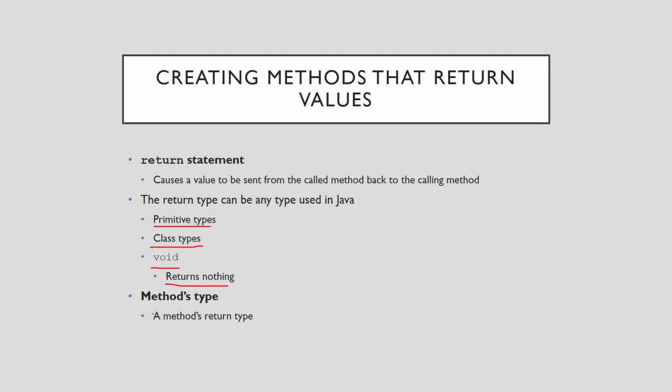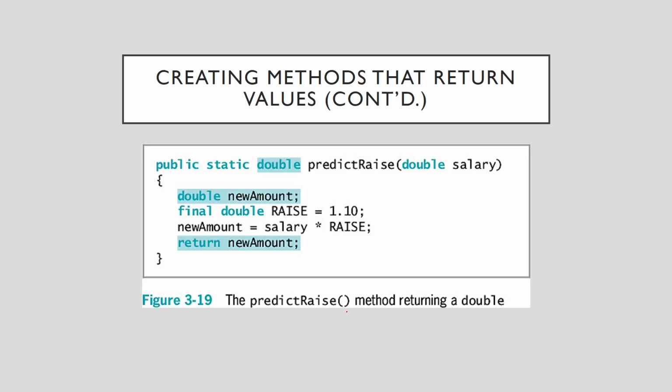And this method's type specifies the value being returned. Just like here, this method specifies a double return type. So it's expected that this method will return a value that is of type double.